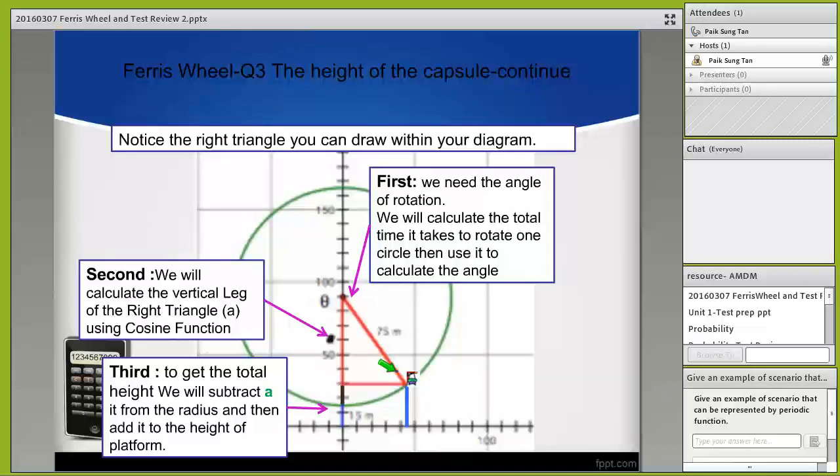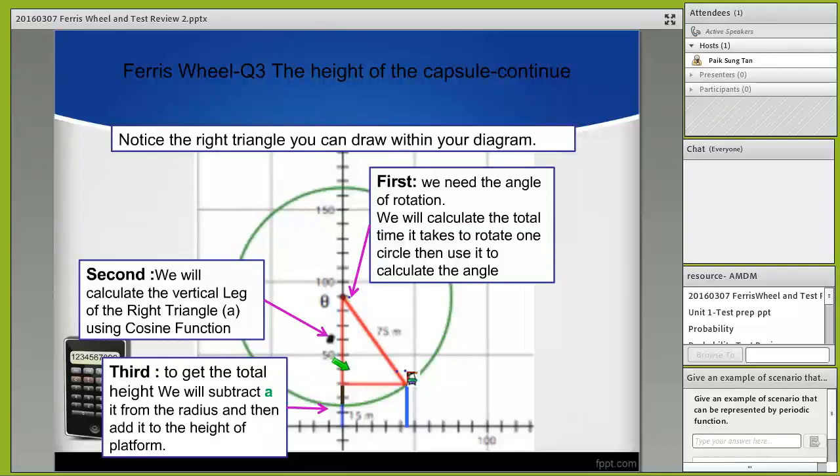Let's say this is a capsule right here, and connect where the capsule is to the center. This line right here is the hypotenuse of the right triangle, and that is also the radius of the circle. So if this is 75, this length right here is also 75.